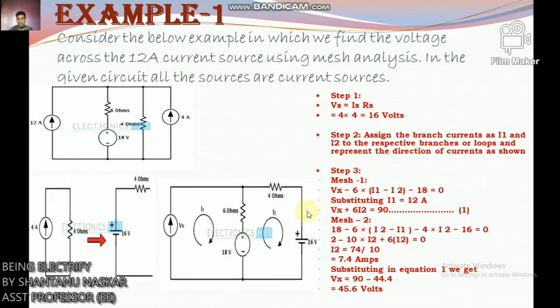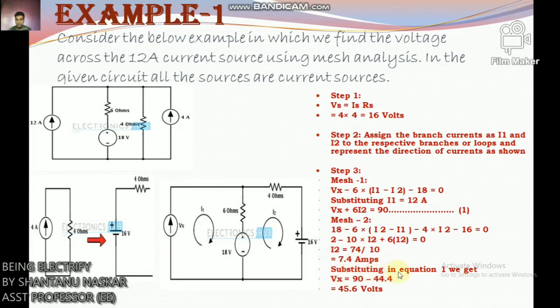minus 4 into I2 minus I2 minus 16 equals to 0. Okay, so from here we can calculate the value of current, which is 7.4 ampere.